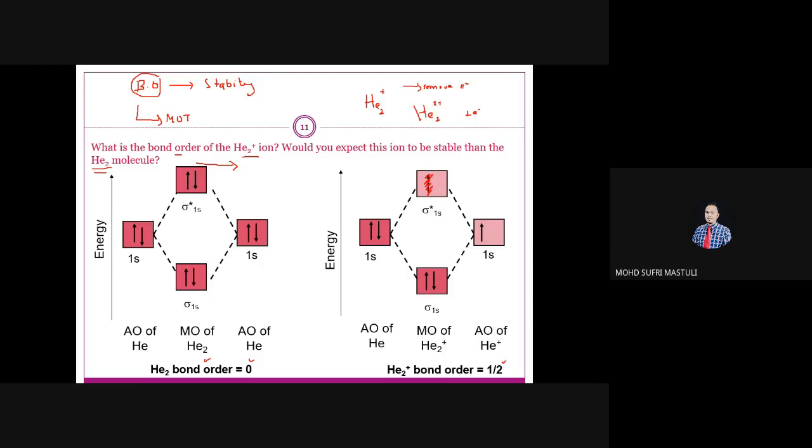So bond order of He2 2 plus is half of 2 minus 0, which becomes 1. So if it is asking which one is more stable, kita tengoklah. The higher the bond order, the more stable the molecule. So between He2 dengan He2 plus, He2 plus has the higher bond order and is more stable compared to He2.